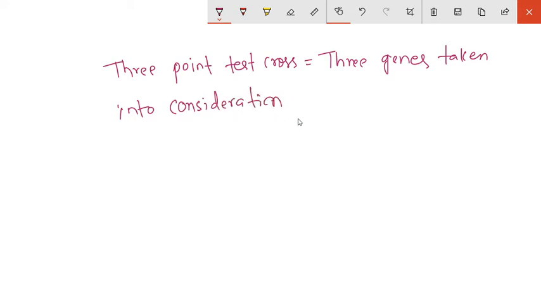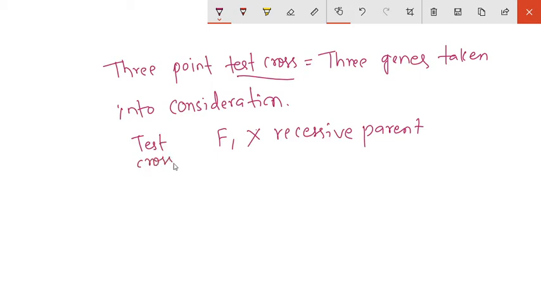The test cross means the F1 is crossed with the recessive parent. That is known as the test cross.